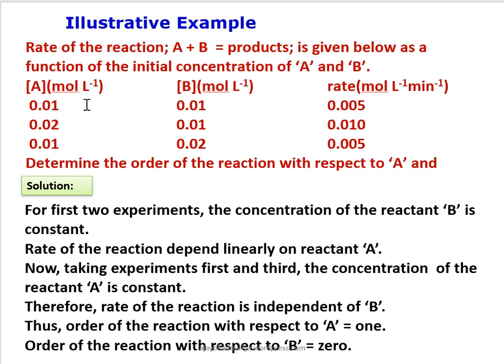Suppose in the first experiment, the concentration of A is 0.01 and B is 0.01. In the second, the concentration of A is 0.02 and the concentration of B is 0.1. It means you will form the two equations, and in this equation the concentration of B is constant. It means when you use the rate law, then these concentrations will become cancelled.